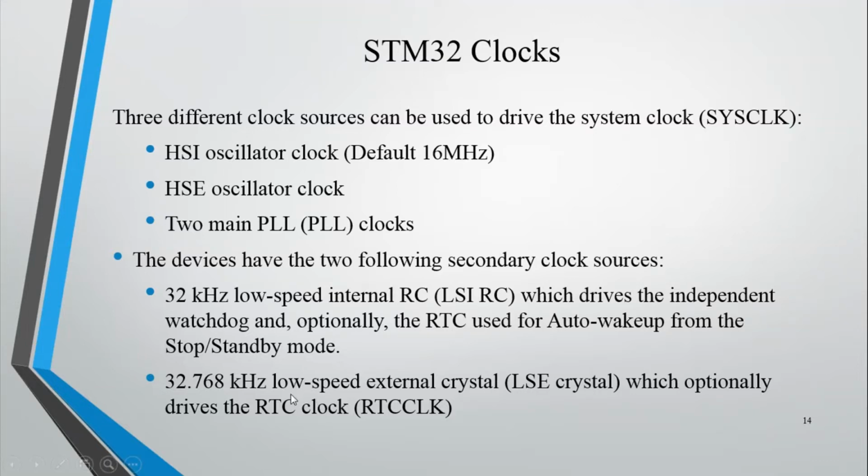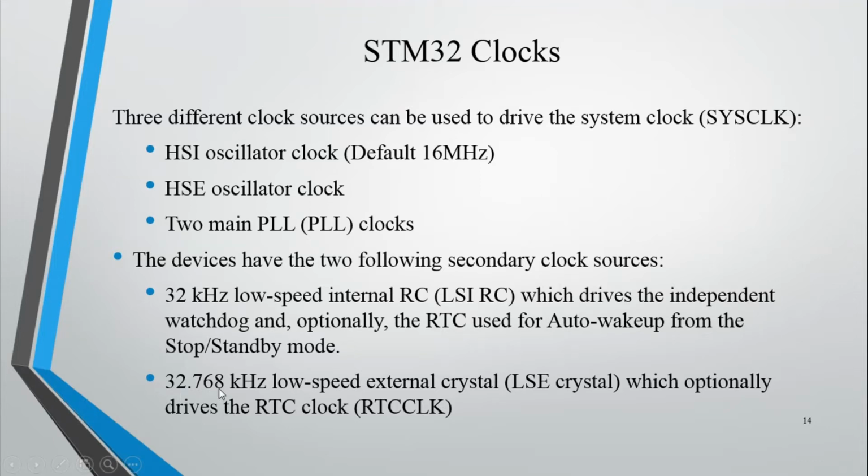Similarly, there is a low speed external clock source also available. Here also you need to connect an external crystal oscillator, and that crystal oscillator will always be 32.768 kilohertz. When you go through the RTC peripheral, you can see that for all the controllers, for the RTC operation, if you are using an external crystal, that crystal will be of frequency 32.768.